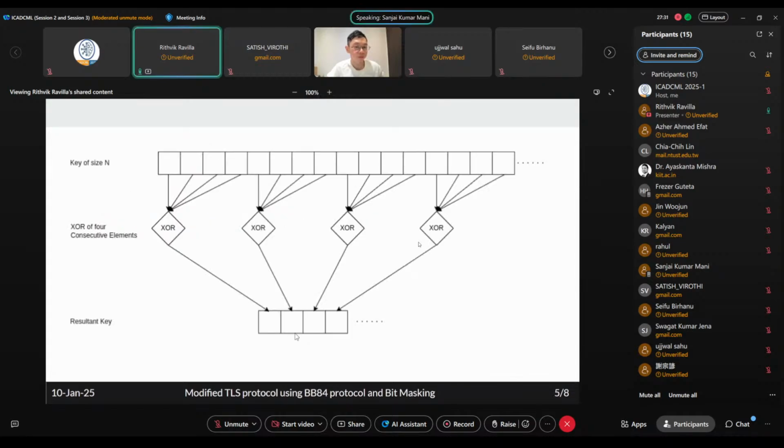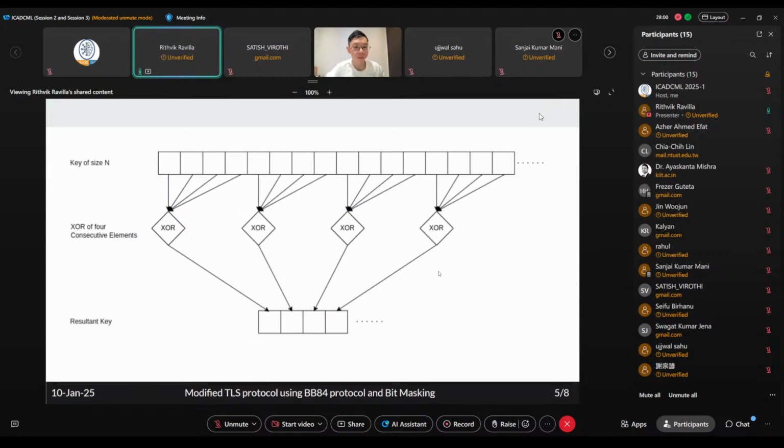Thank you, Ritvik. So the K-folding algorithm came from the need to avoid a scenario where an attacker can obtain the key via the revealed bits.